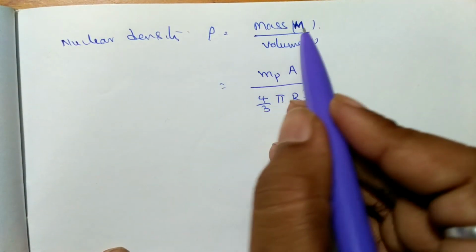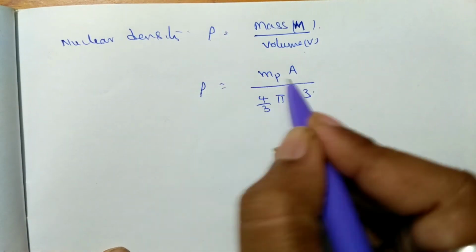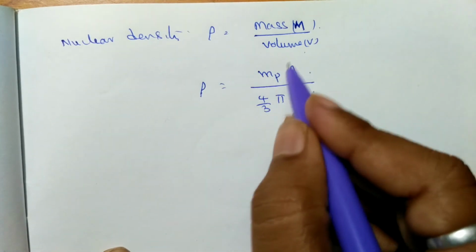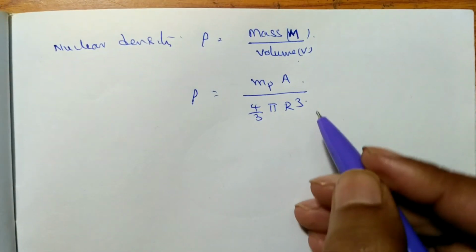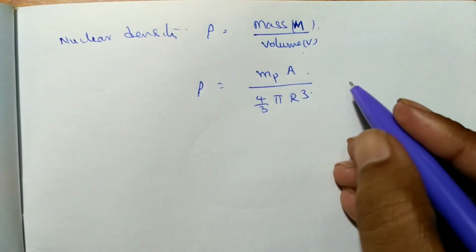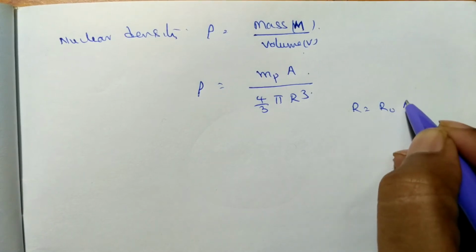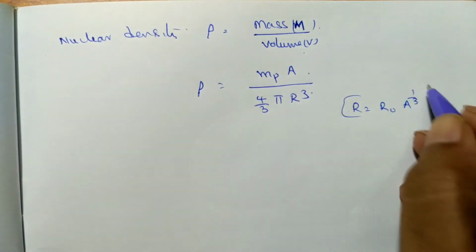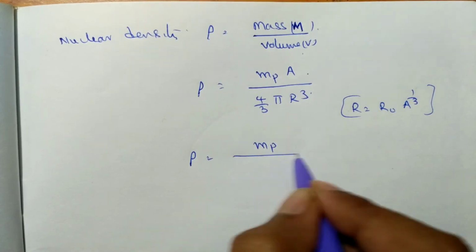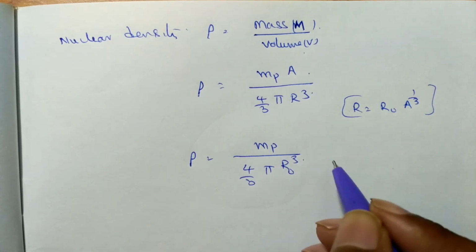Nuclear density rho is equal to mass by volume. We got m is equal to mp into A. Here volume means the volume of the sphere, since the atom looks like a sphere, that means 4 by 3 pi r cube. But we know r is equal to r naught into A power 1 by 3. Then rho is equal to mp by 4 by 3 pi r naught cube.